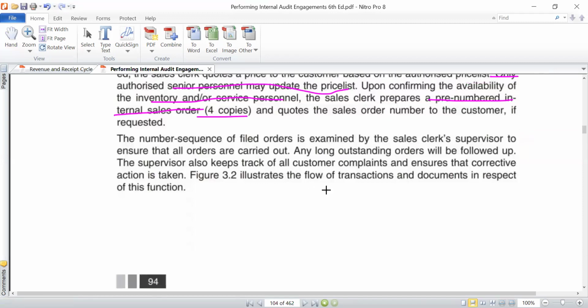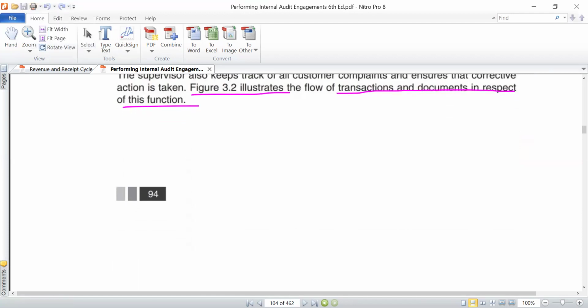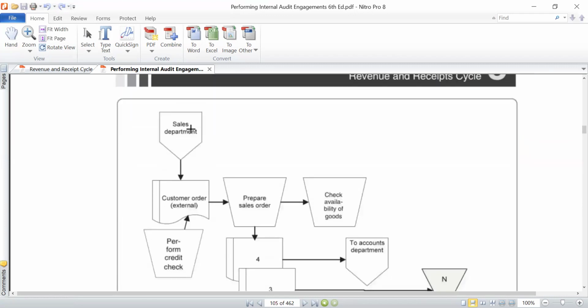So now I want to show you in figure 3.2 the flow of transactions and documents with regard to processing of a customer order. And I'm showing you this because it's very important, because when you go through a scenario, you might just be told that when the sales order clerk receives the order, he or she would record the order on a notebook, right?